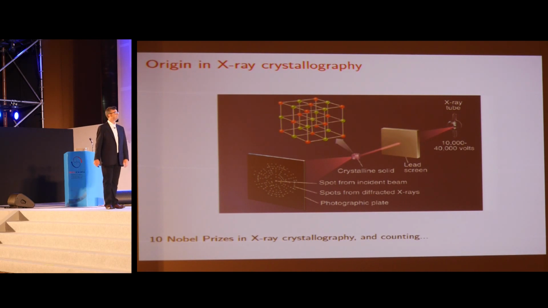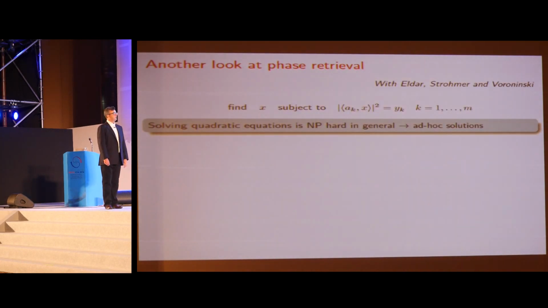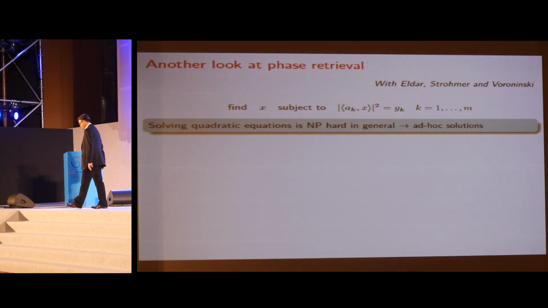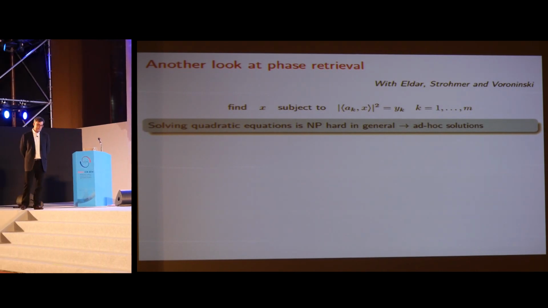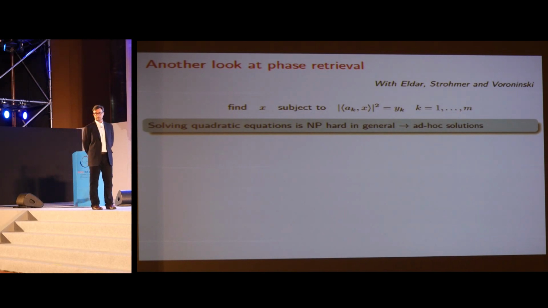It's a very old problem. Now, I'm sure many of you were at yesterday's talk on solving quadratic equations. Phase retrieval is about solving quadratic equations, and it's extremely hard. I don't know of any good algorithms to solve quadratic equations. It's a very, very hard problem.